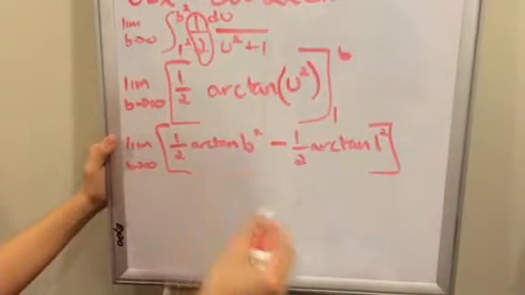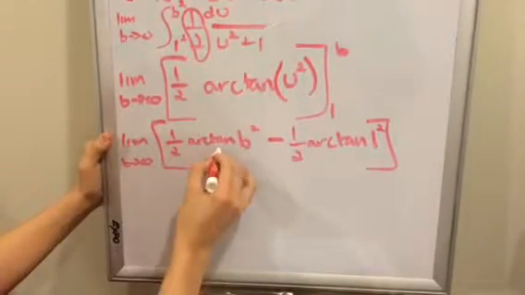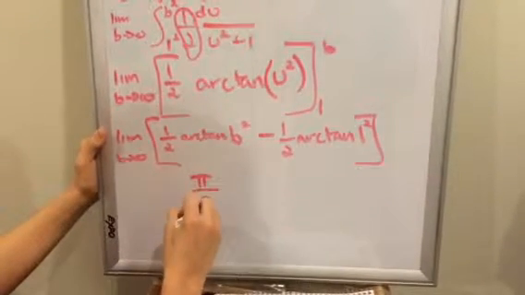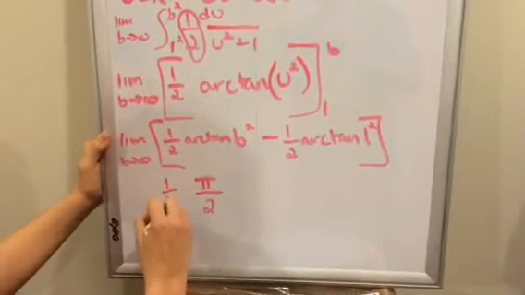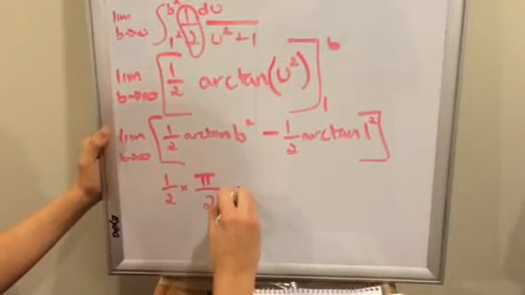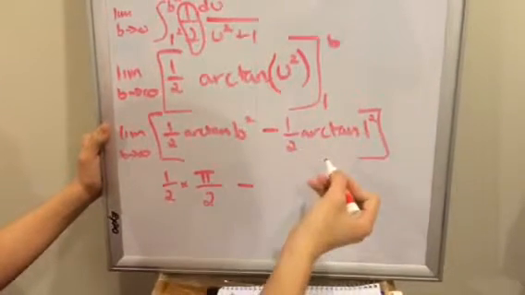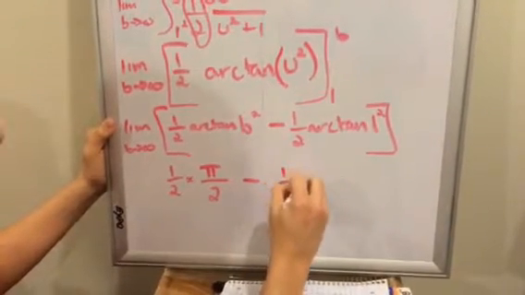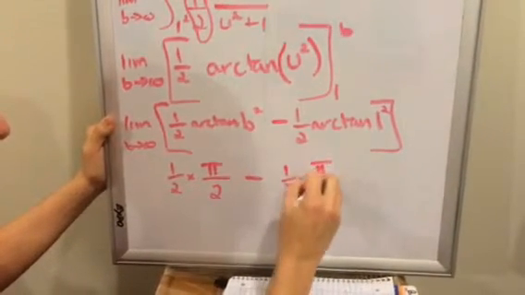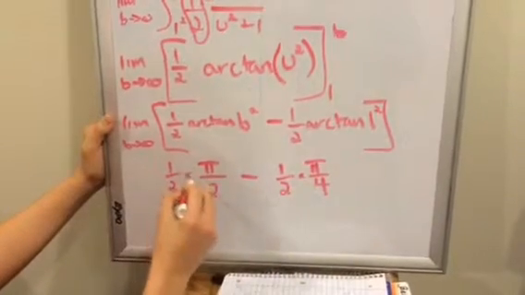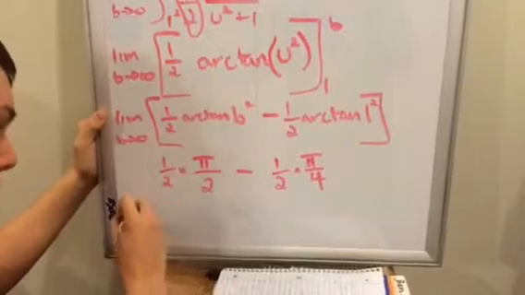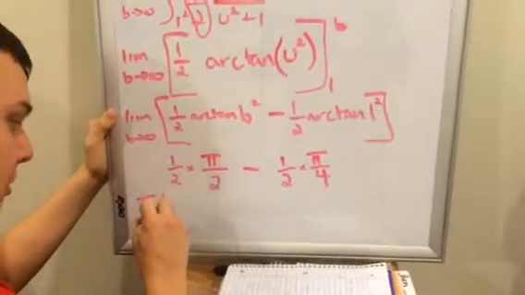Well, as b goes to infinity, arctangent of b squared goes to pi over 2. Multiplying that by 1/2, we get pi over 4, and subtract arctangent of 1, which is pi over 4, times 1/2, giving pi over 8. So pi over 4 minus pi over 8 equals pi over 8.